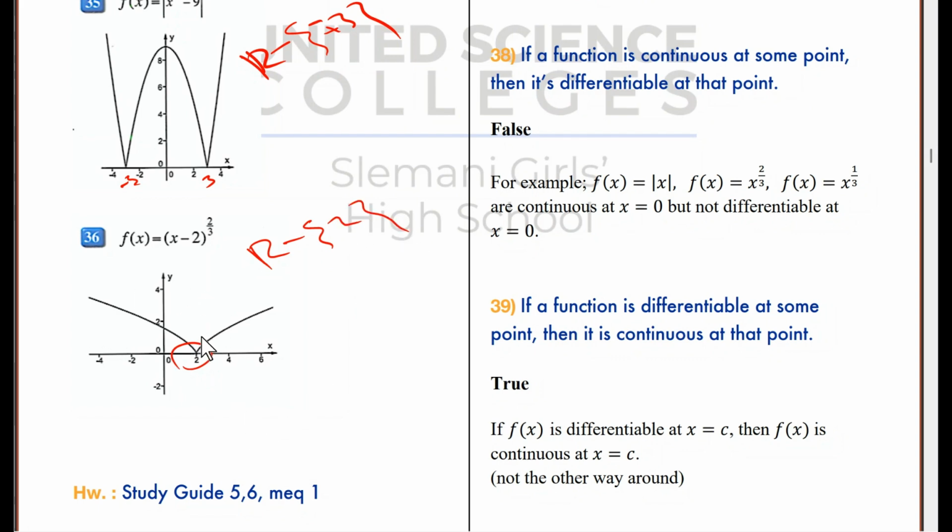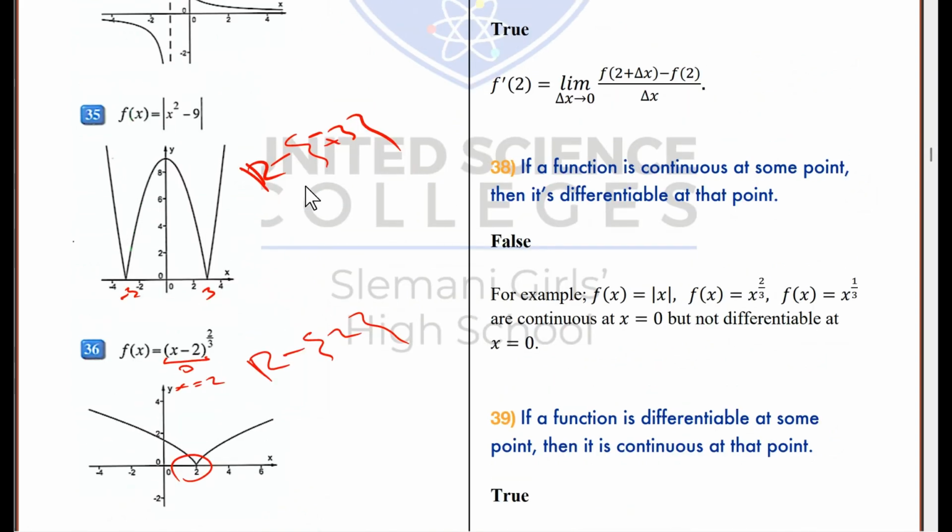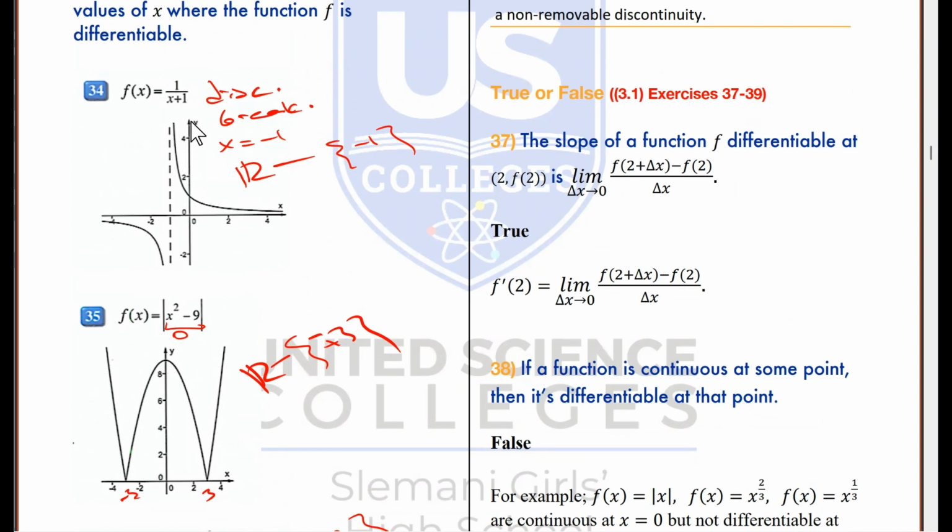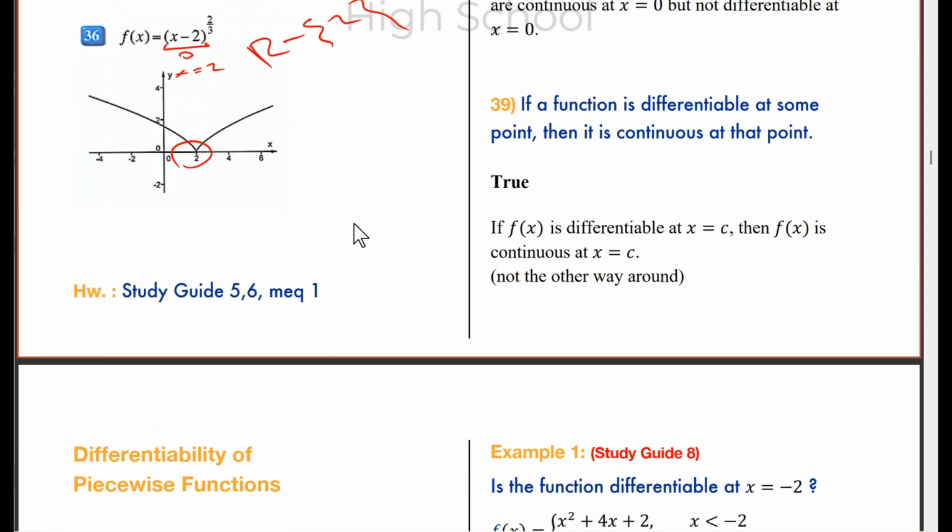From the graph it's easy to identify. From the function, what makes the base 0 when the power is even over odd, top less than bottom, will be the cusp point. For the corner, what makes the absolute value 0 will be the corner point. For discontinuity, what makes the denominator 0 will be the point that we should exclude from all real numbers.